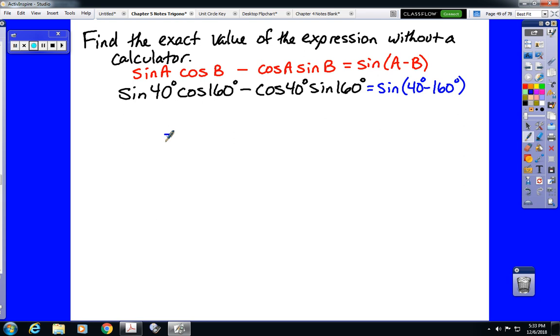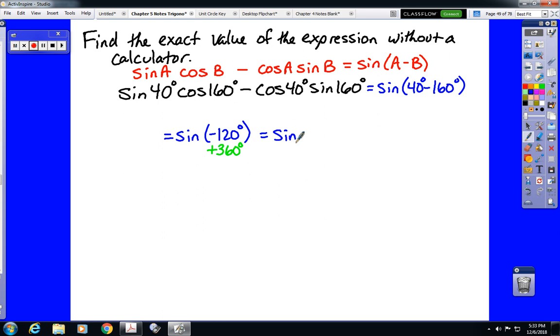40 minus 160 is negative 120 degrees. Now we've learned already this year that if our angle that we're working with is not in the first rotation, we can simply use a rotation. We can add one rotation to our angle, and it will not change any of the trig values.